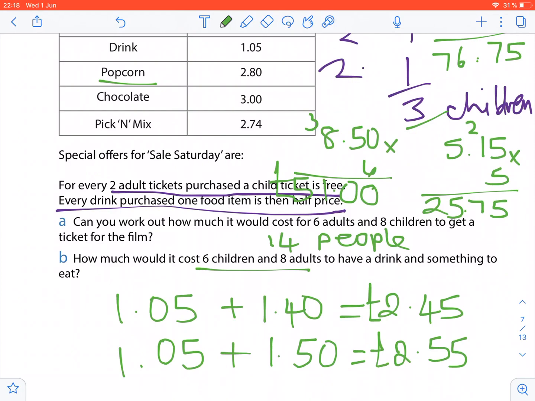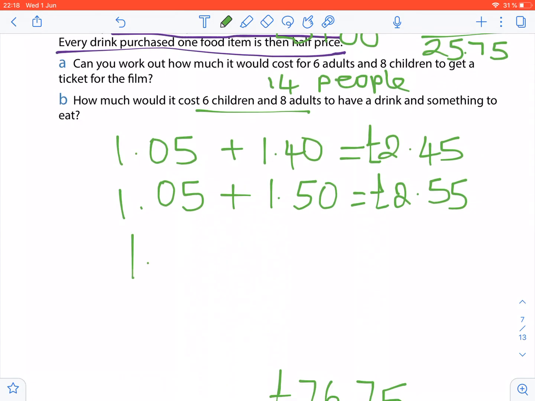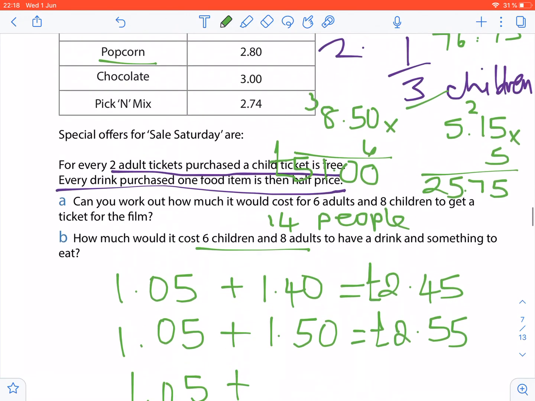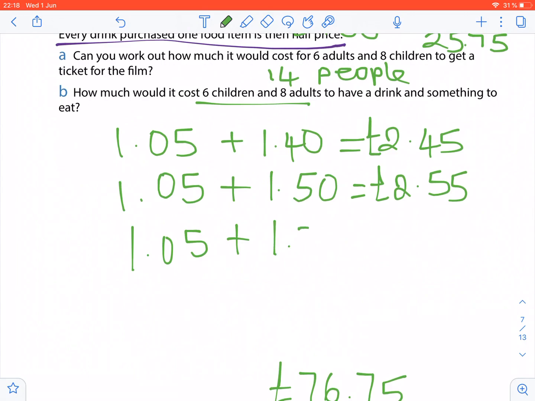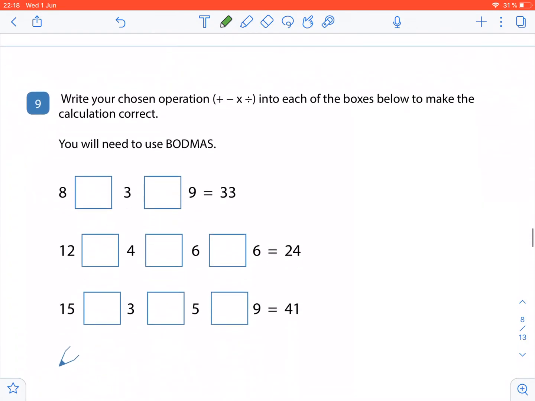So half of the pick a mix, so £1.05 plus half of 2.74 is 1.37, which gives us £2.42. So £2.42, and again you can times that by 14 if you want everyone to have a drink and pick a mix. But I can check that for you when I see you on Friday.